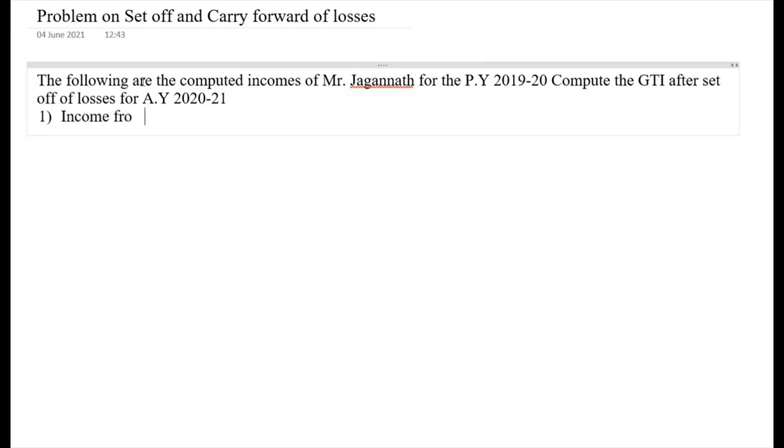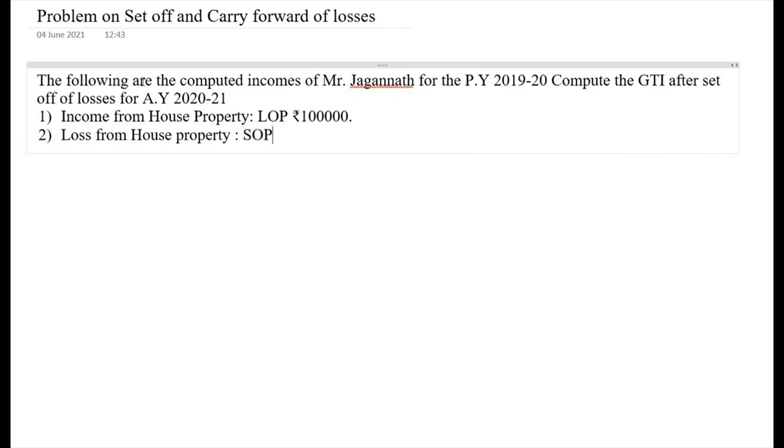Income from house property, LOP, rupees 1 lakh. Loss from house property, SOP, rupees 1,50,000.